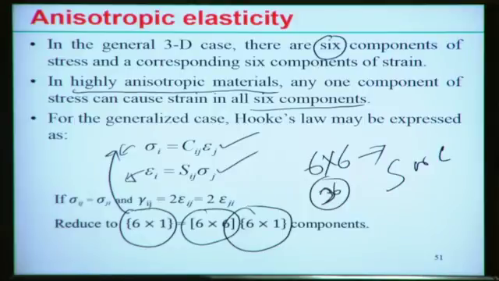Now if sigma ij equals sigma ji, that means it actually produces a symmetric matrix, and the shear strain can be represented in terms of the normal strain component, which is on a specific plane. The transformation factor is considered as a 2e.